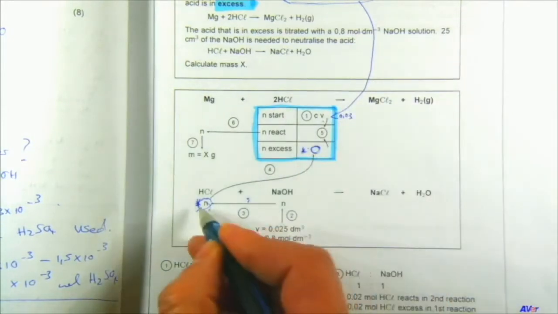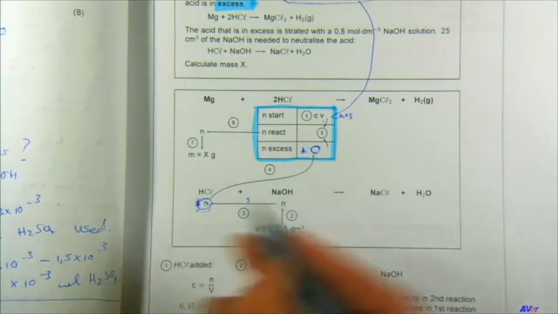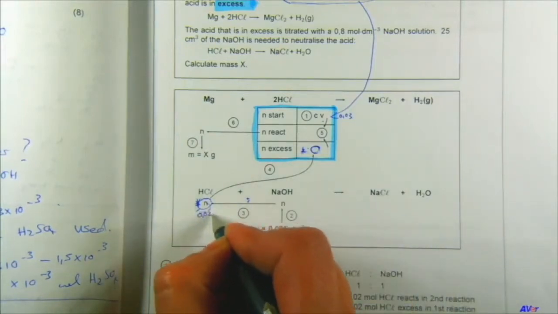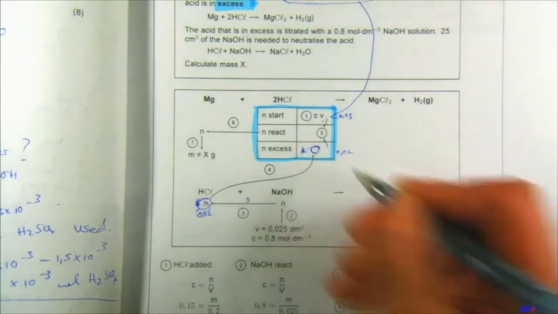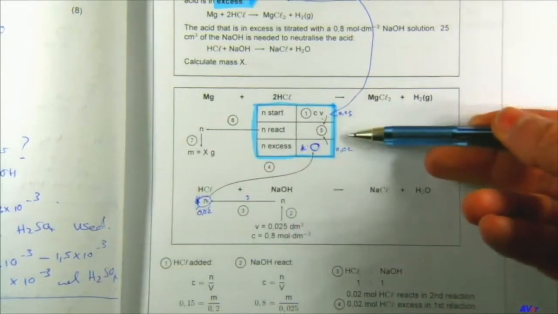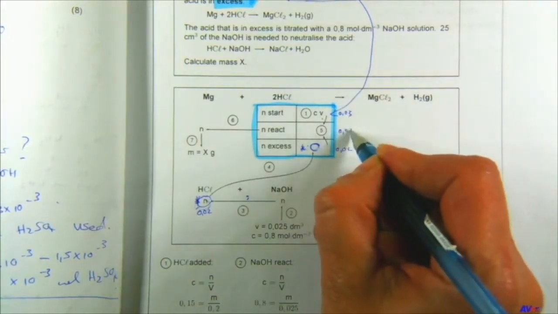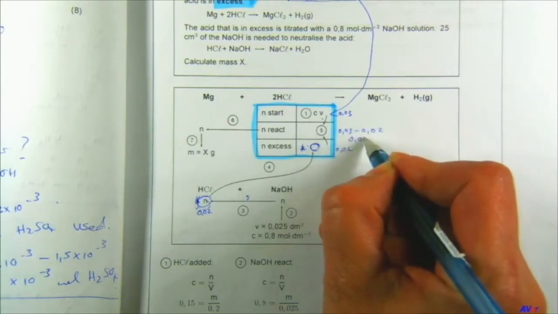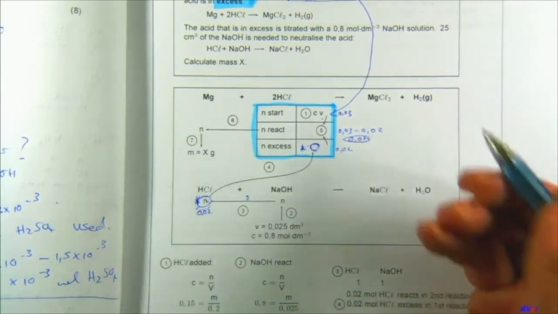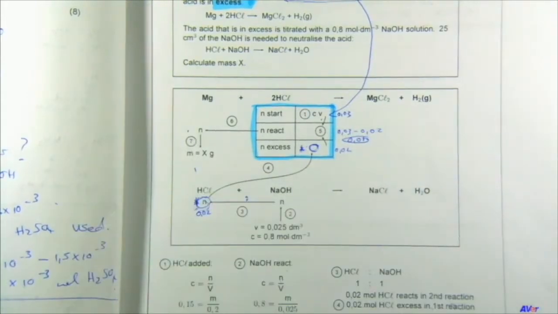You do this and you find out in the second reaction you had 0.02 of the HCl, so there was 0.02 left over. So how much reacted? Subtract 0.02, 0.01. That's what reacted. So it will tell you how much of this reacted, which will give you the mass.